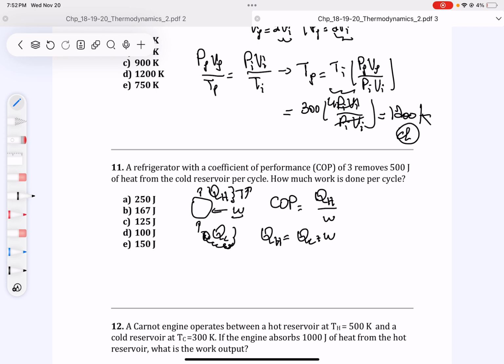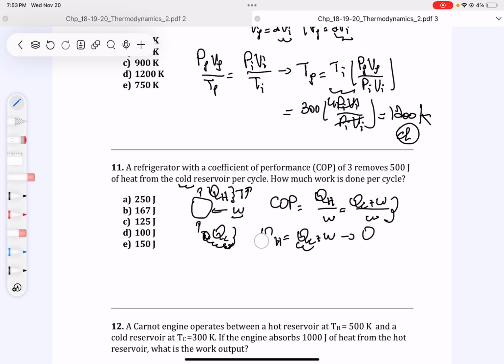Yes. Then, if they give us QC, they say a heat pump with a coefficient of performance of 3 removes 500 of heat from the cold reservoir. They didn't say we get 500 joule in the hot reservoir, then we must use QH as QC plus W over W, and we calculate it to get W, okay?